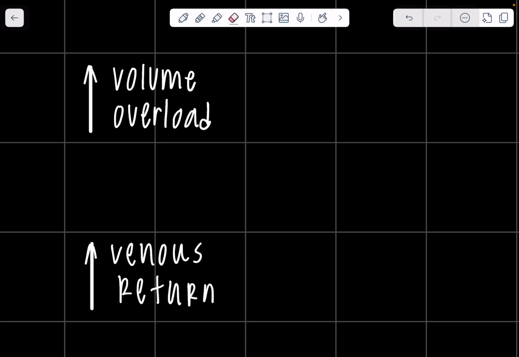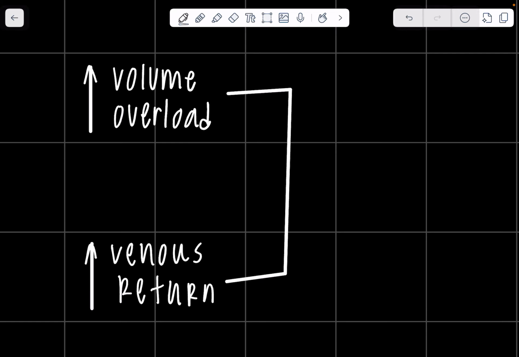So positional changes are one way that we could have an altered venous return that our heart now has to contend with.